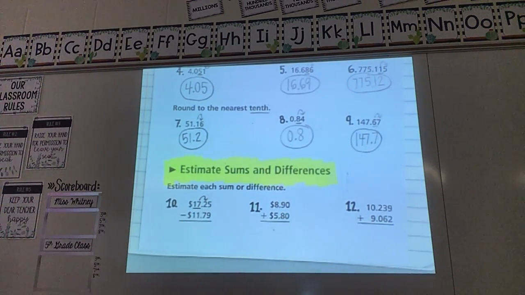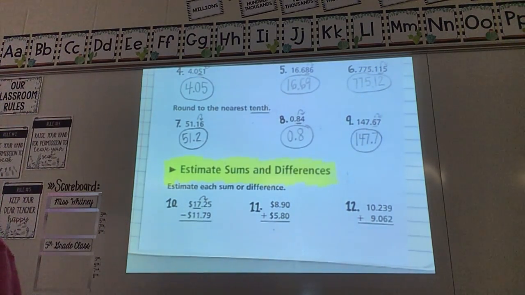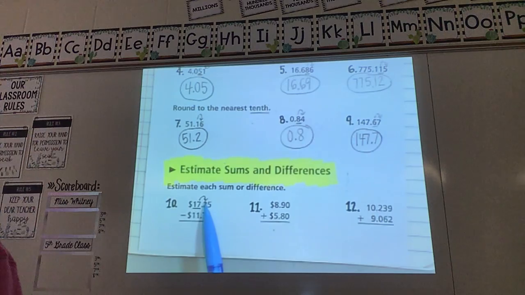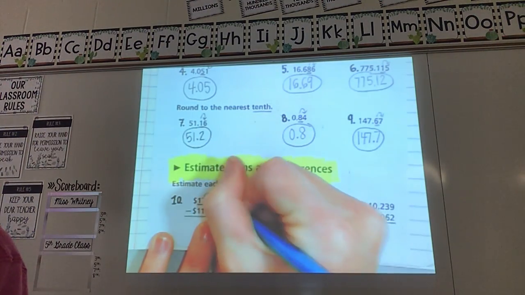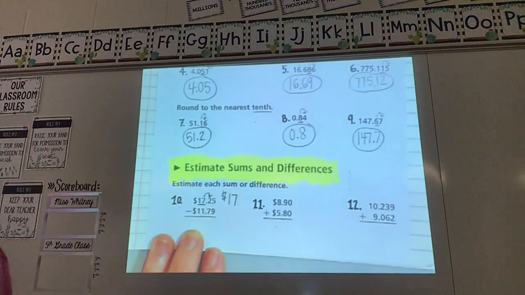If I round that, is it going to stay $17 or should I round it up to $18? Remember, look behind right here. 5 or more, let it soar. 4 or less, let it rest. Hopefully you're thinking it stays at a 17 because this is just a 2, so that stays at a 17.